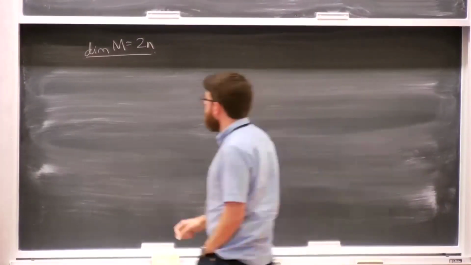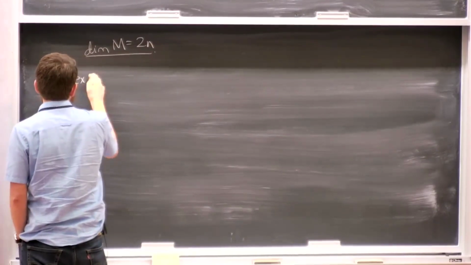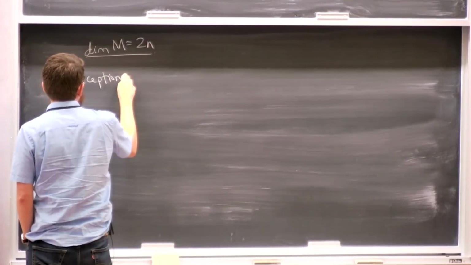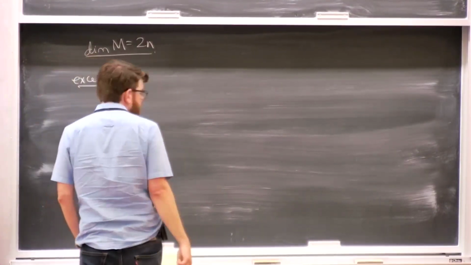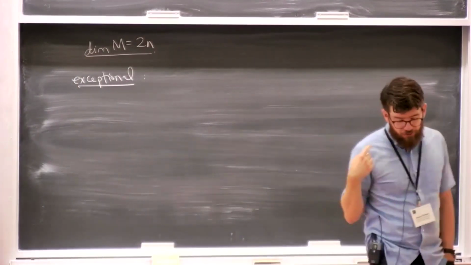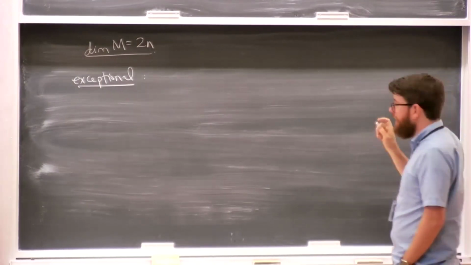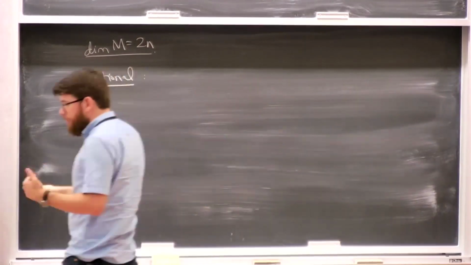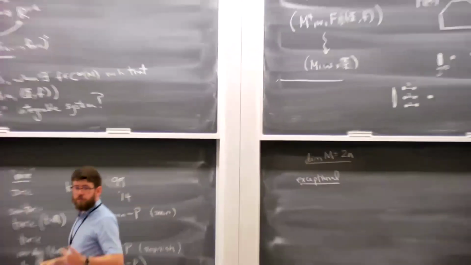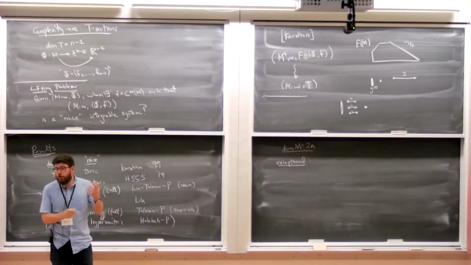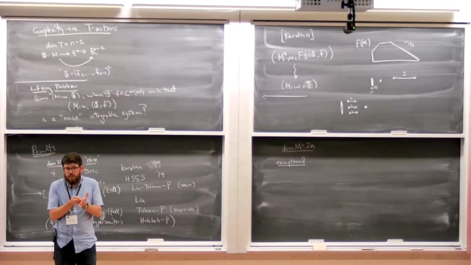So first of all, an orbit is exceptional if its stabilizer, maybe I'll just say this out loud. I really want to get to the end. I have lots of pictures I want to draw. An orbit in a complexity 1 space is exceptional if its stabilizer is larger than the nearby orbits in its fiber.